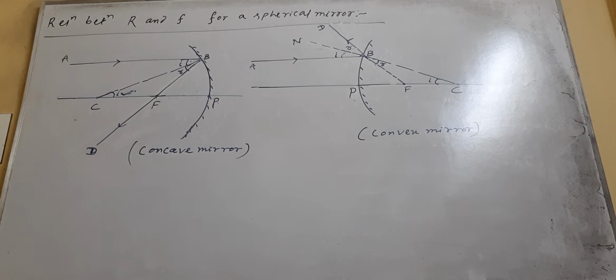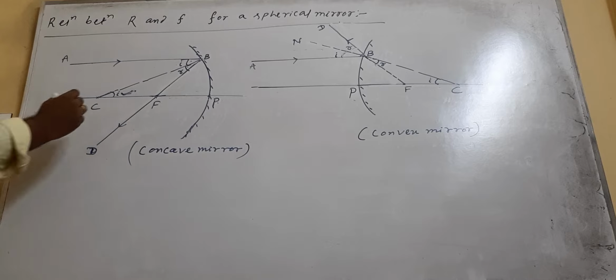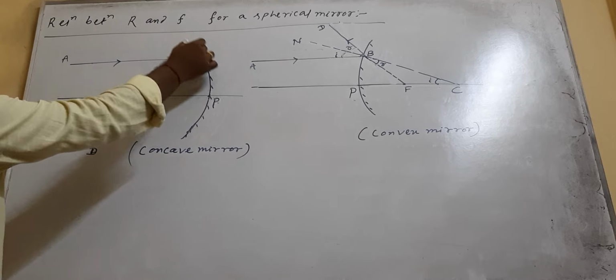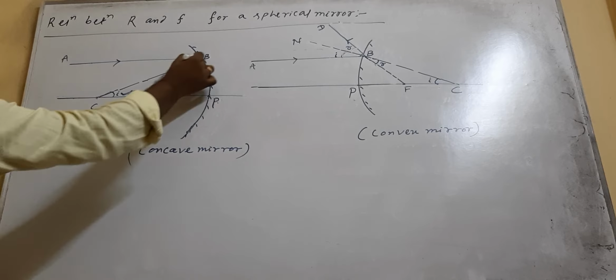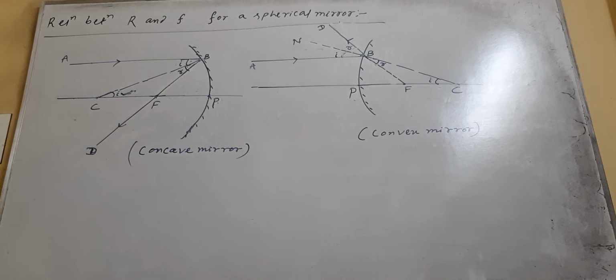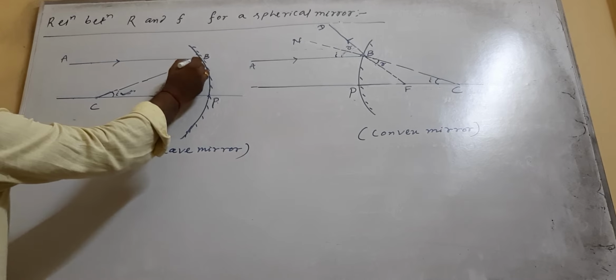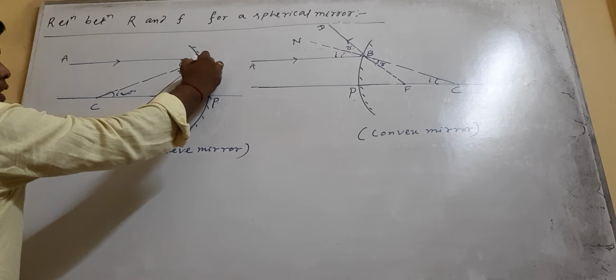In the case of the concave mirror, C is the center of curvature. This mirror is part of an imaginary sphere, so BC will be the radius, and the radius is always normal to the surface of the sphere. So BC is normal to this mirror at this point.